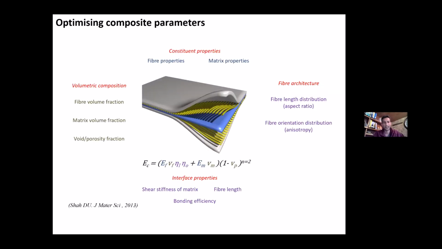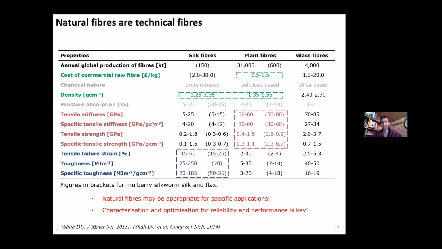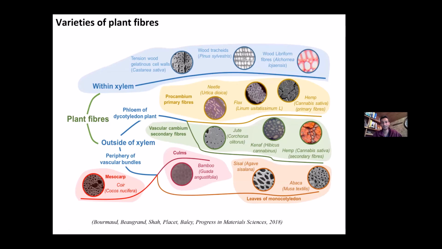Now you can tailor the material properties of your composite by changing the fiber and the matrix. You can change the architecture of the fiber, so the orientation. You can also change the composition. So we looked at a variety of different plant fibers, and loads are available to us.